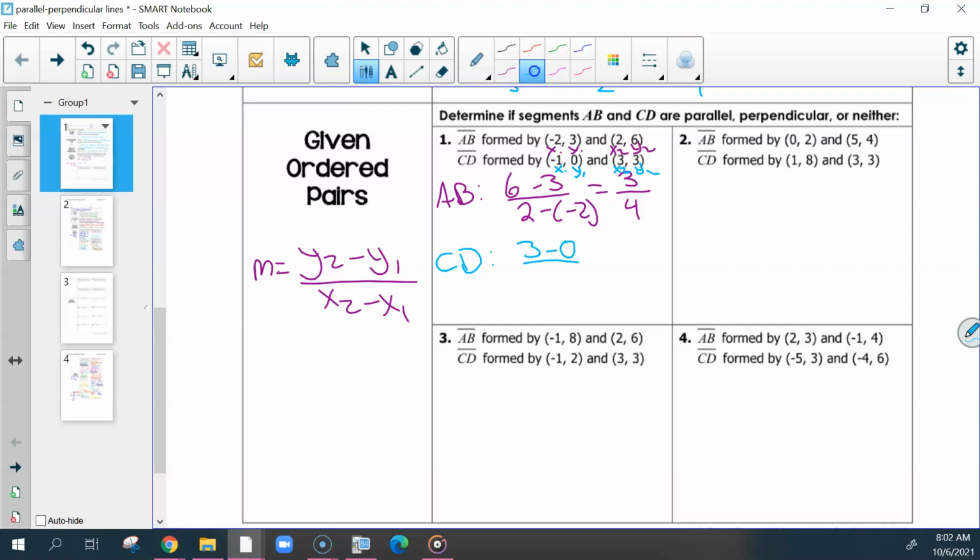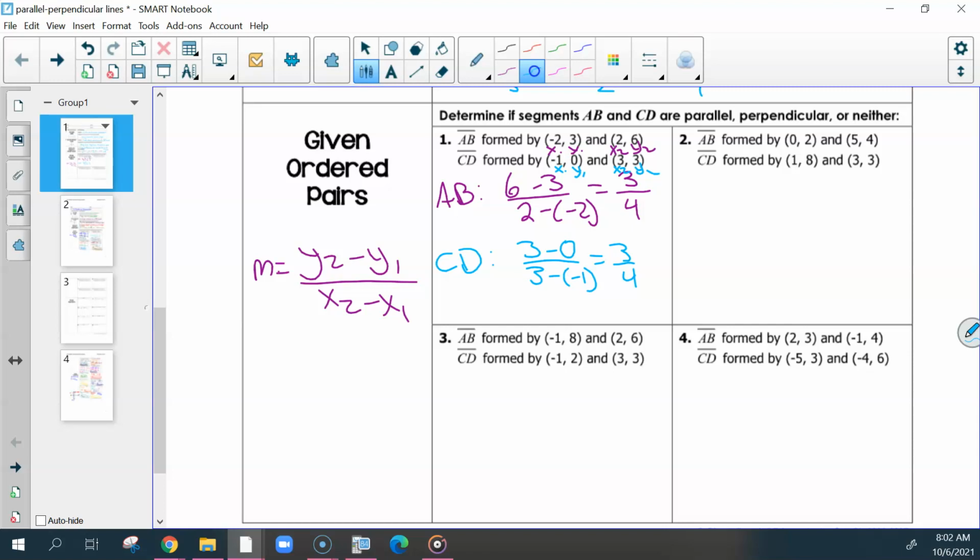Minus 0 over 3 minus a negative 1. So parallel lines have the same slope, perpendicular lines have negative reciprocal slopes, and then neither, they would be different. Which are these?